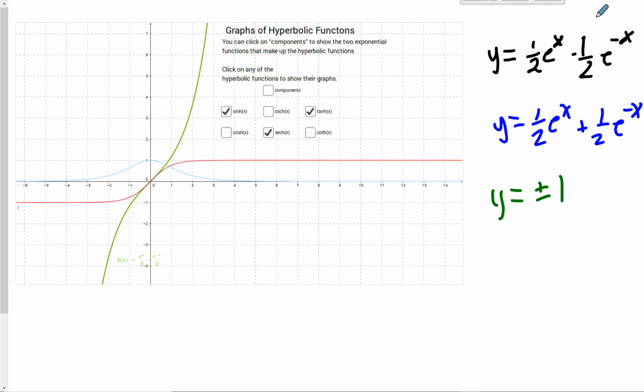If I graph these separately, here's sine, the green one, and the red one.